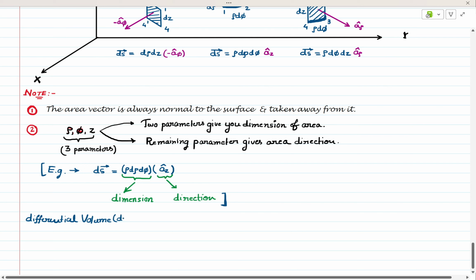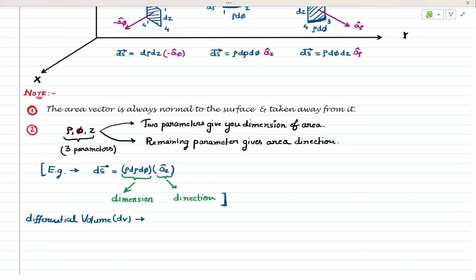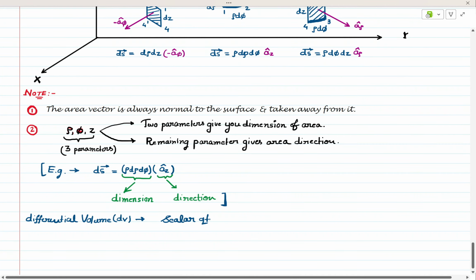And definitely this is given by dV, because differential volume is a scalar quantity. Remember this point very clearly. So differential volume is a scalar quantity.